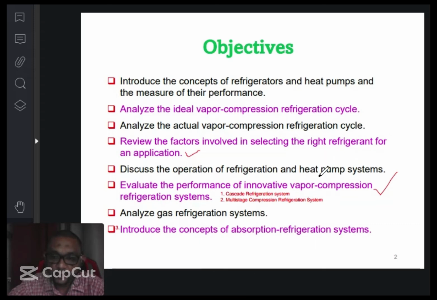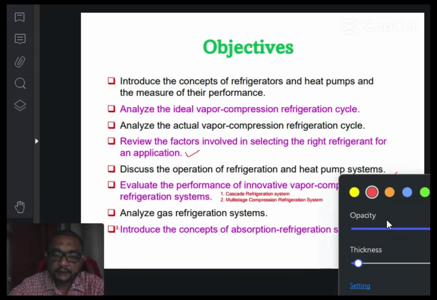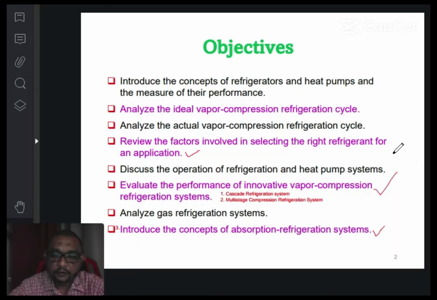Number one is a cascade refrigeration system. Number two is about multi-stage compression refrigeration system. And number three is about the introduction or the concept of absorption refrigeration system. Okay, these are all the objectives that you should be able to gain after this class.